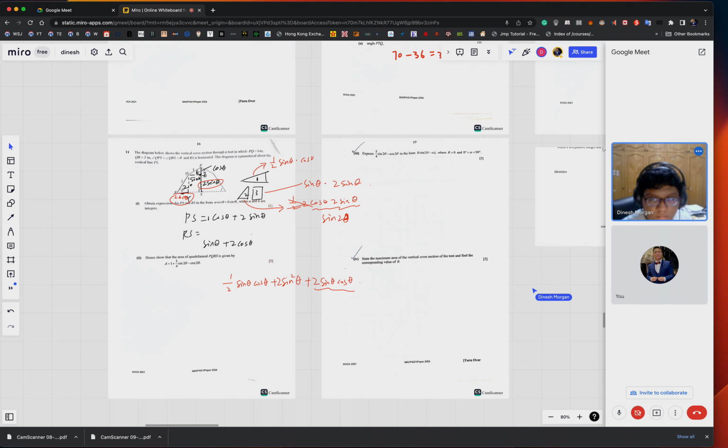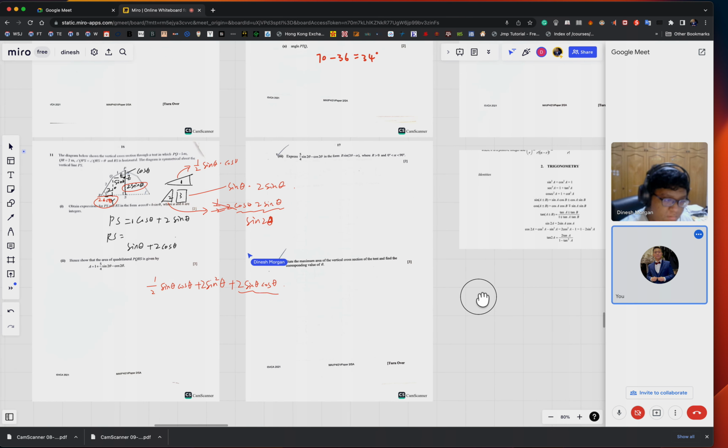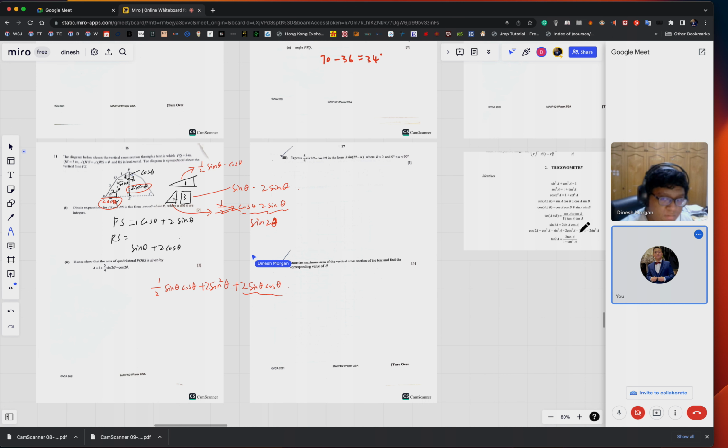Sine 2 theta is 2 sine A cosine A, so 2 sine theta cosine theta. Yeah, this is sine 2A, or sine 2 theta.